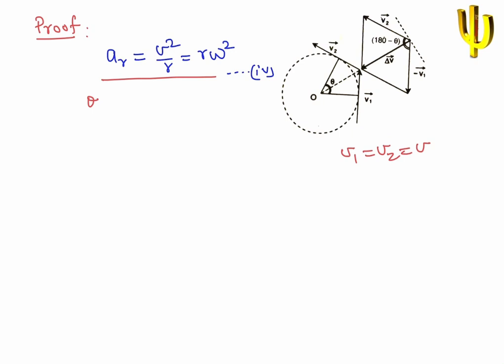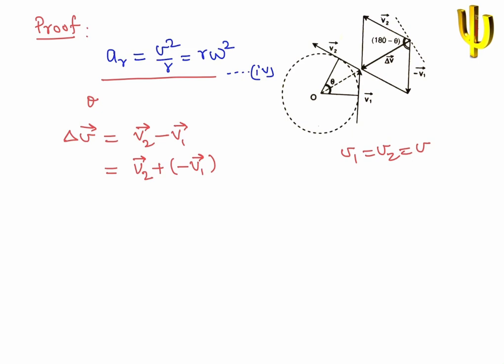Then change in its velocity can be written as delta v is equal to v2 minus v1 is equal to v2 plus (minus v1) vector.